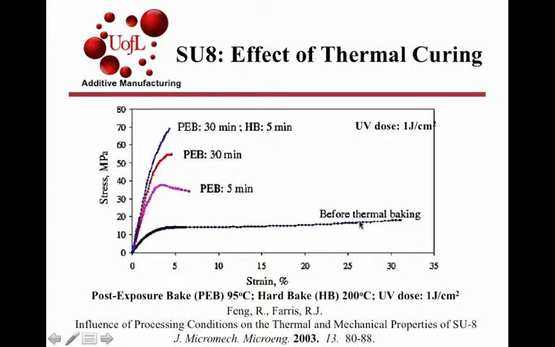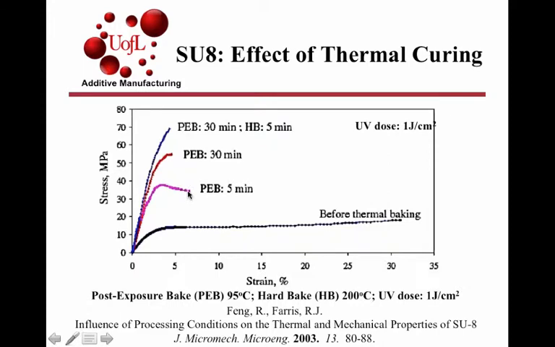As you begin to change the baking temperature, and you have two different conditions, 95 degrees and 200 degrees centigrade, depending upon the thermal exposure, you end up transforming from an elastomeric material to a more brittle material as seen in the stress strain plot.